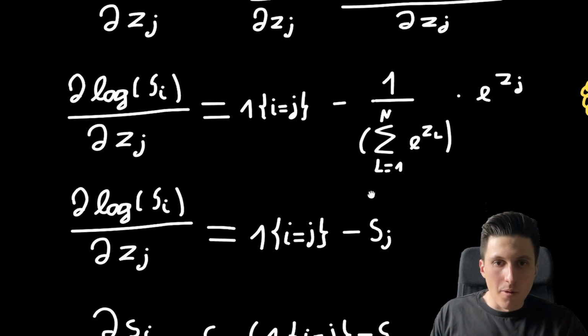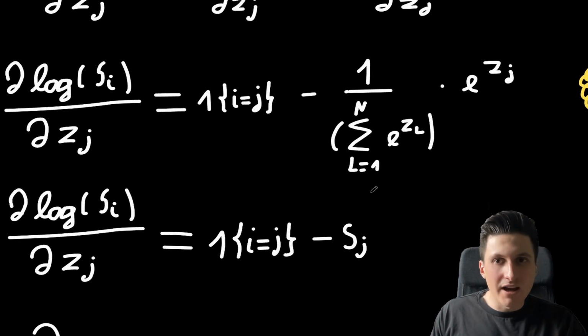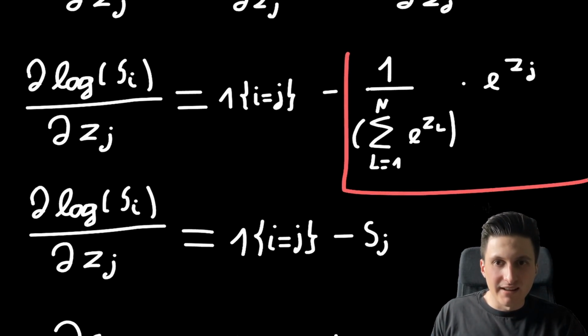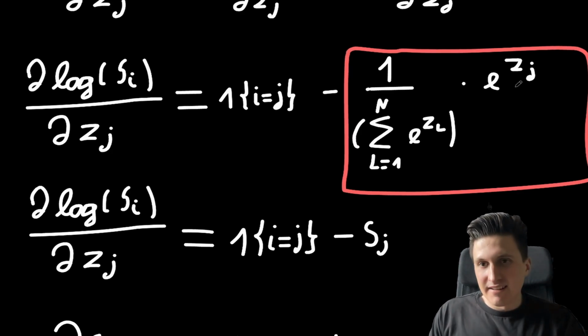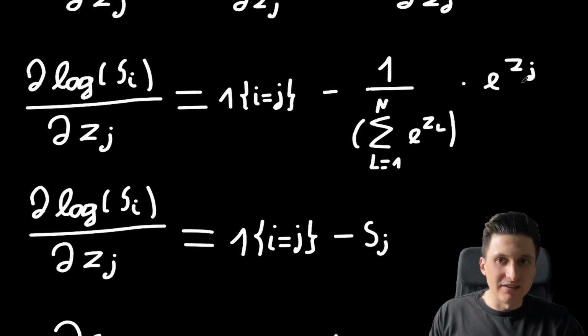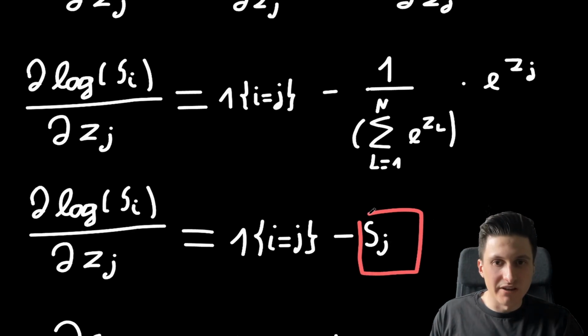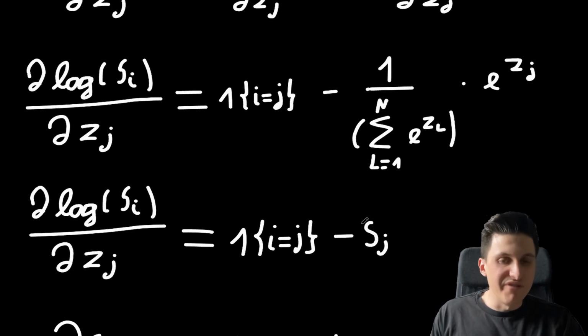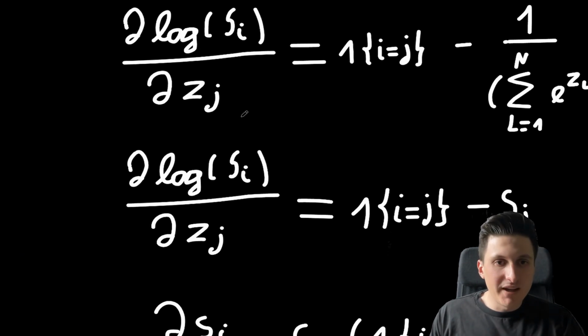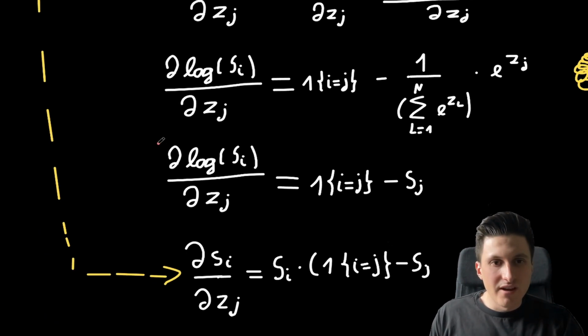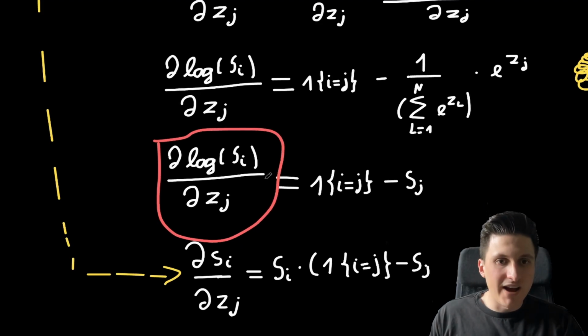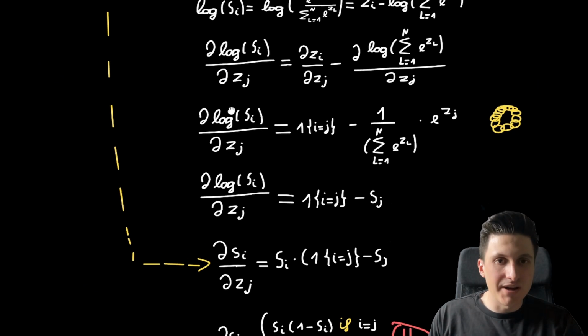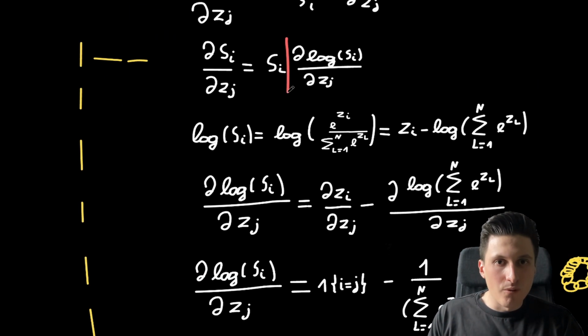What you should then recognize is that this is once again the formula of the softmax with respect to j, so we refer to this part as the softmax of j. So we've finally derived the logarithm of Si with respect to Zj, and we can plug it into the part above.